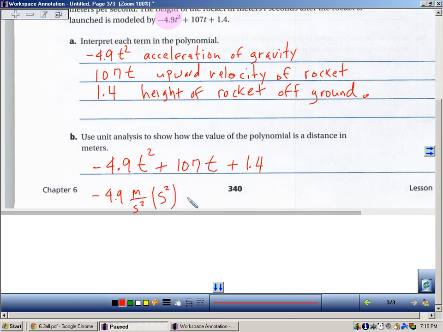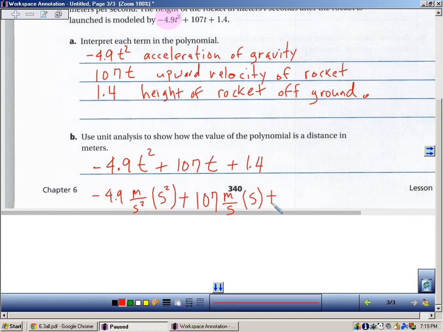Plus, now again, 107 is the velocity, and that's meters per second. It's like miles per hour. In this case, it's meters per second, and that would be 107. And the time here would have to be in seconds, and it would cancel there, so that you get just meters.